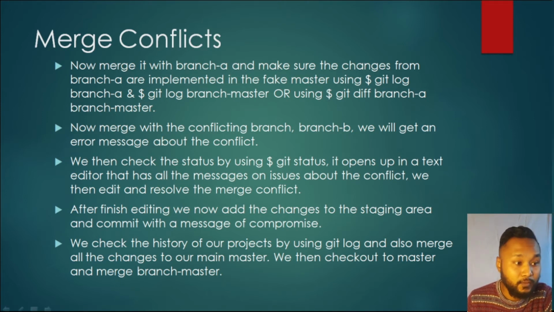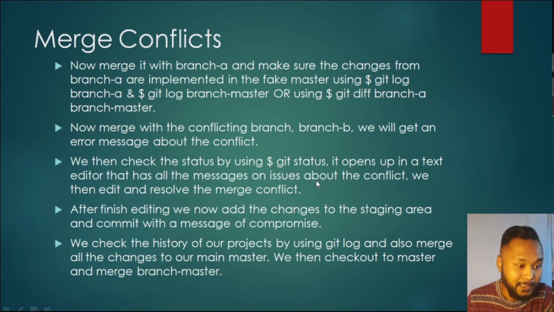Now merge branch A and make sure the changes from branch A are implemented in the fake master, using git log branch A and git log branch master, or using git diff branch A and branch master. Now merge the conflicting branch B. We will get an error message about the conflict. We then check the status by using git status. It opens up in a text editor that has all the messages about the conflict.